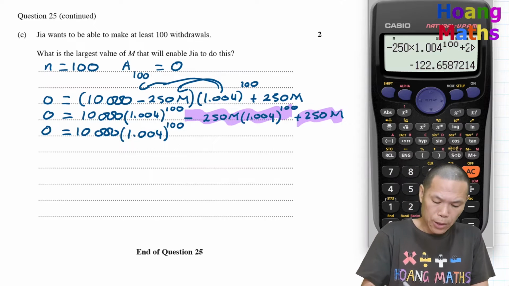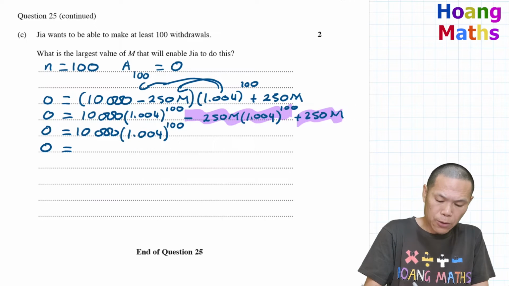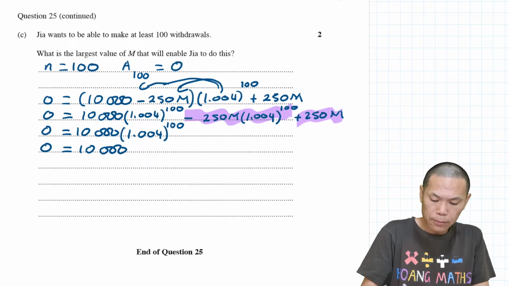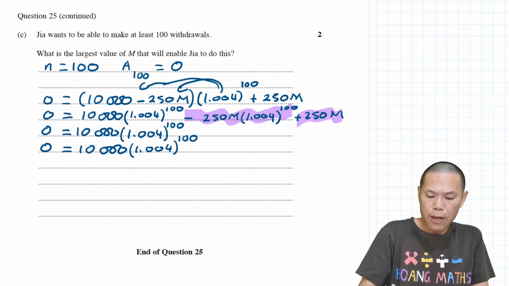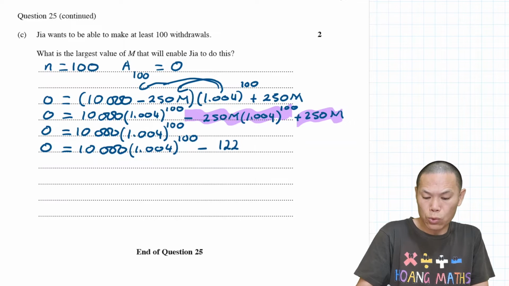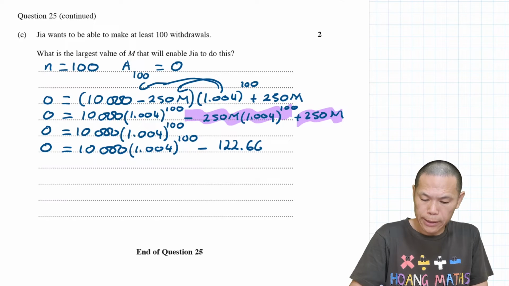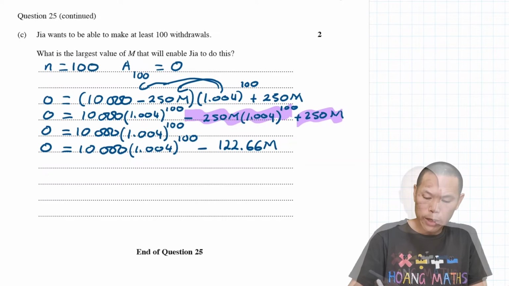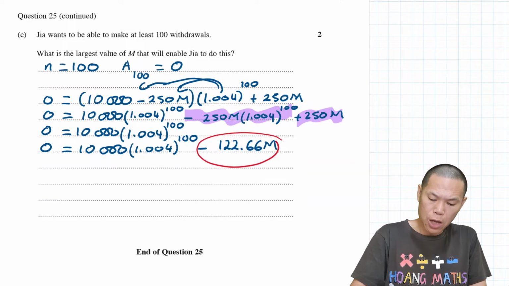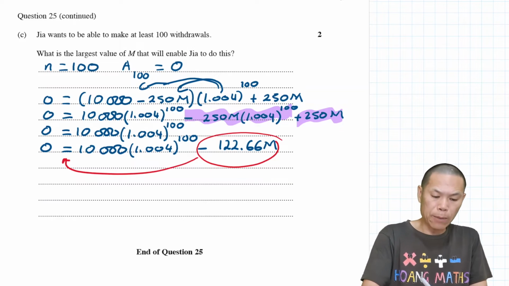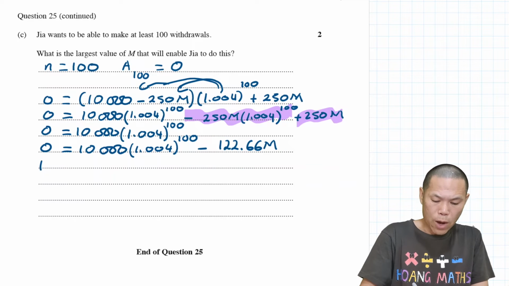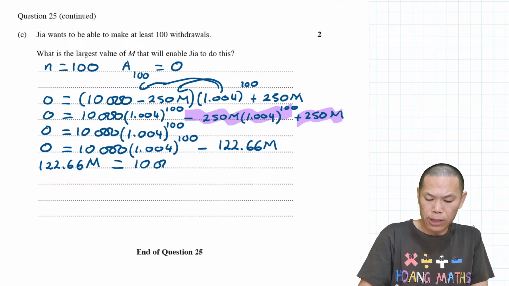So negative 122.66 will do. So 0 equals 10,000 times 1.004 to the power of 100 minus 122.66 m. Now I move this to this side, so that becomes positive 122.66 m equals 10,000 times 1.004 to the power of 100.